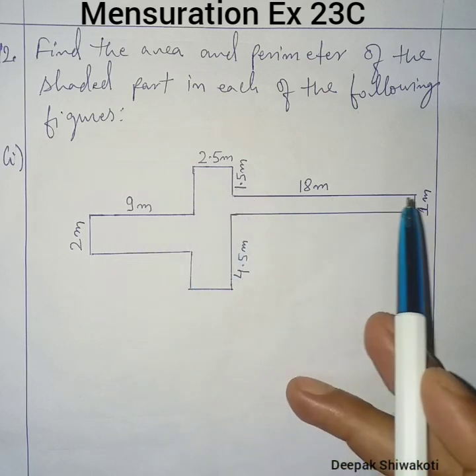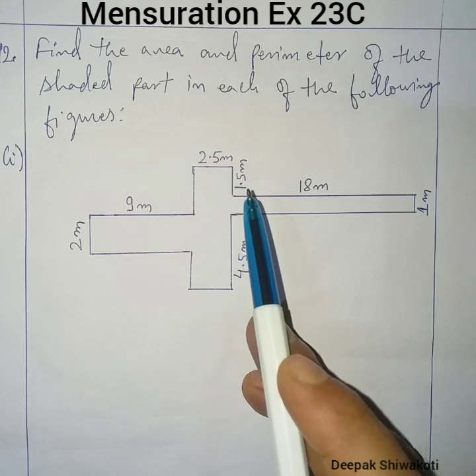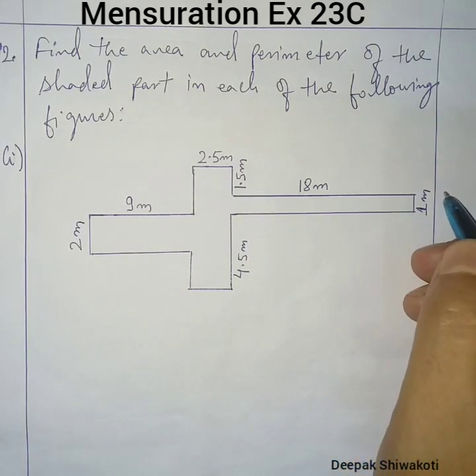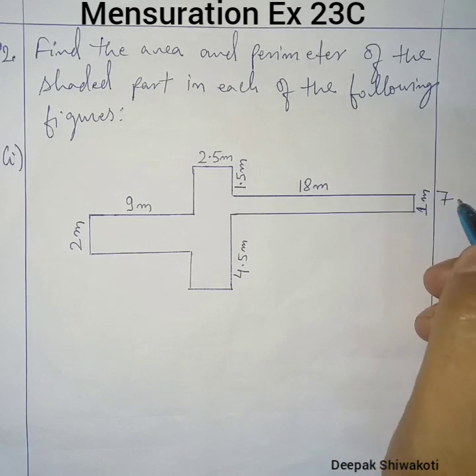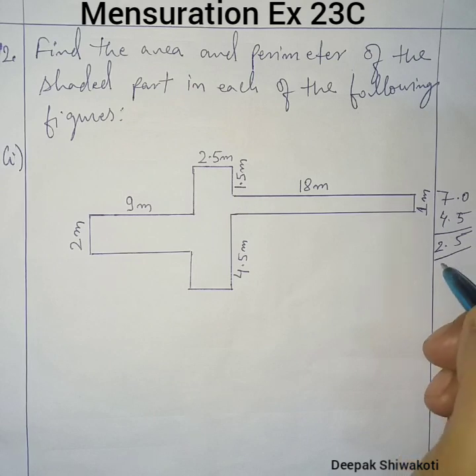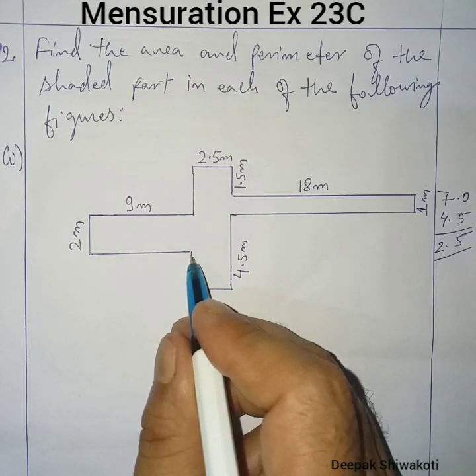2, 3, 4, 4.5. So 7 minus 4.5 gives you 2.5. So this is 2.5. From here to here is 2.5.